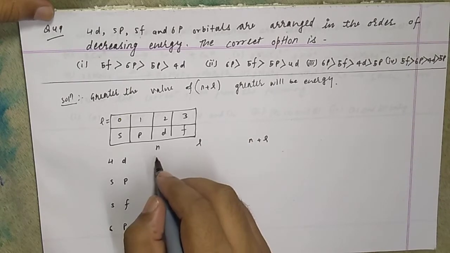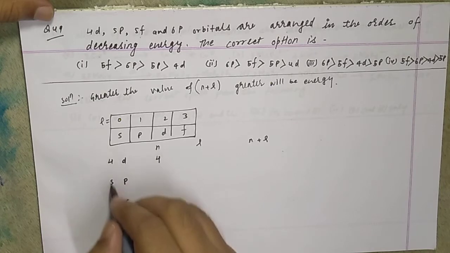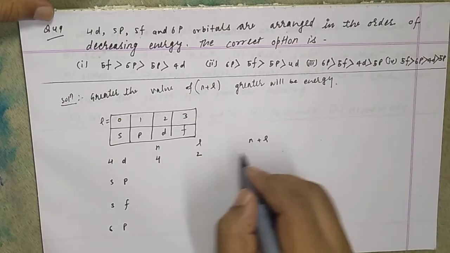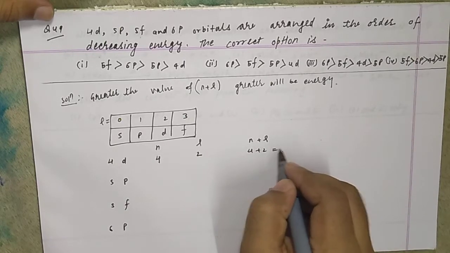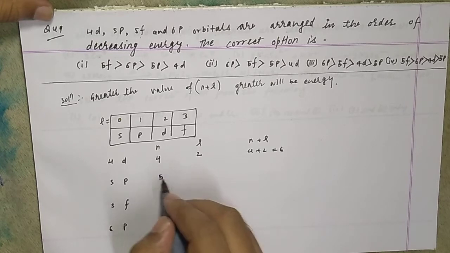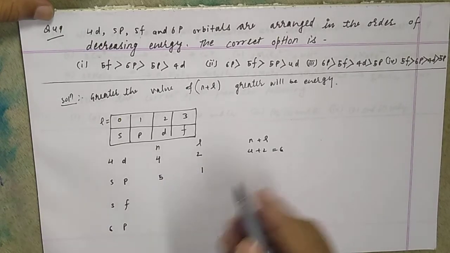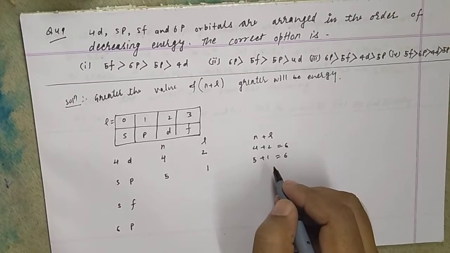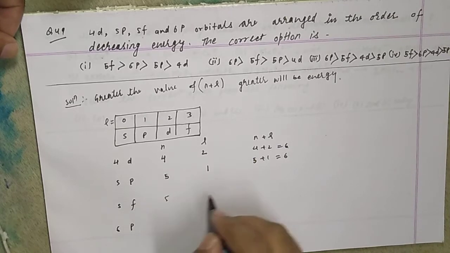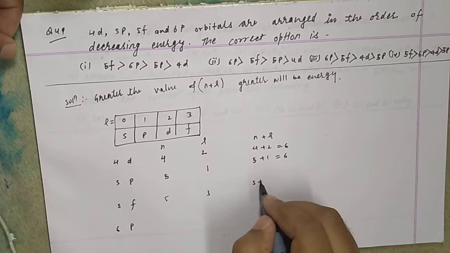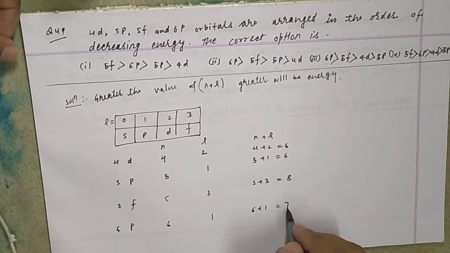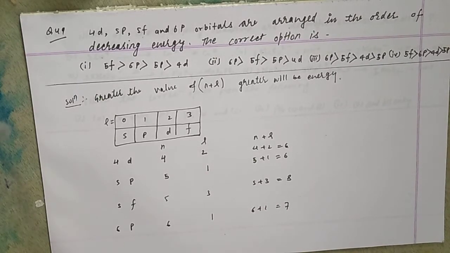Whatever the number prior to the orbital is, that is the n value. So n is 4, and d means 2, so 4 plus 2 equals 6. Now 5 plus p value 1, so 5 plus 1 equals 6. Next 5 plus f is 3, so 5 plus 3 is 8. And here 6 plus p value 1, so 6 plus 1 equals 7.